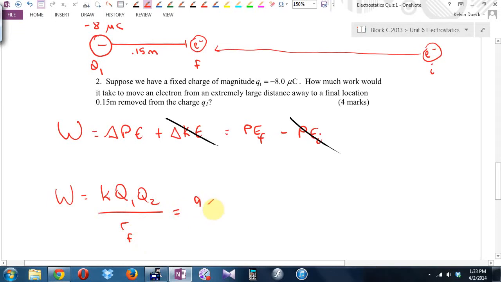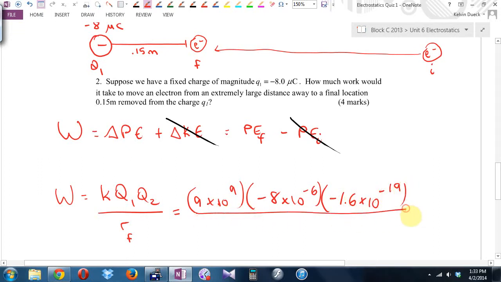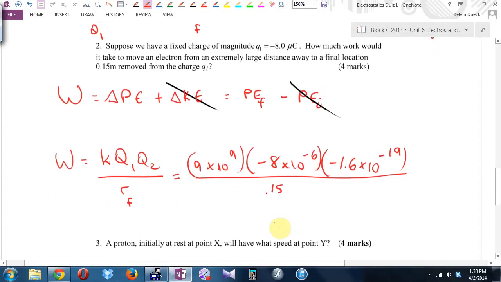which is 9 times 10 to the 9th, Q1 negative 8 times 10 to the negative 6, Q2 negative, it's an electron, 1.6 times 10 to the negative 19, all over R final, 0.15. You'll notice I get a negative times a negative. Manish, I get a positive answer because it will take work. Doesn't want to go that way.